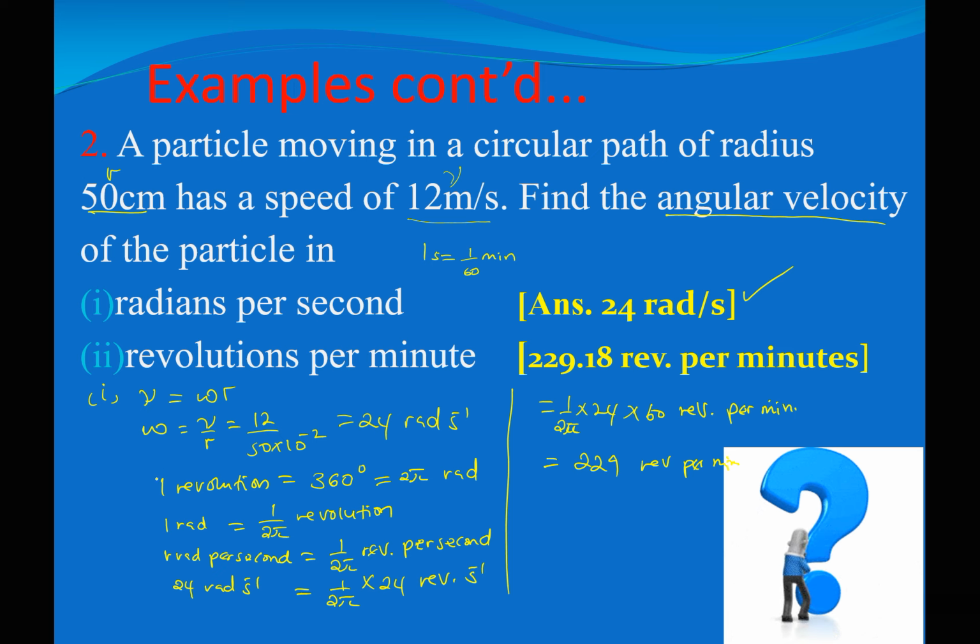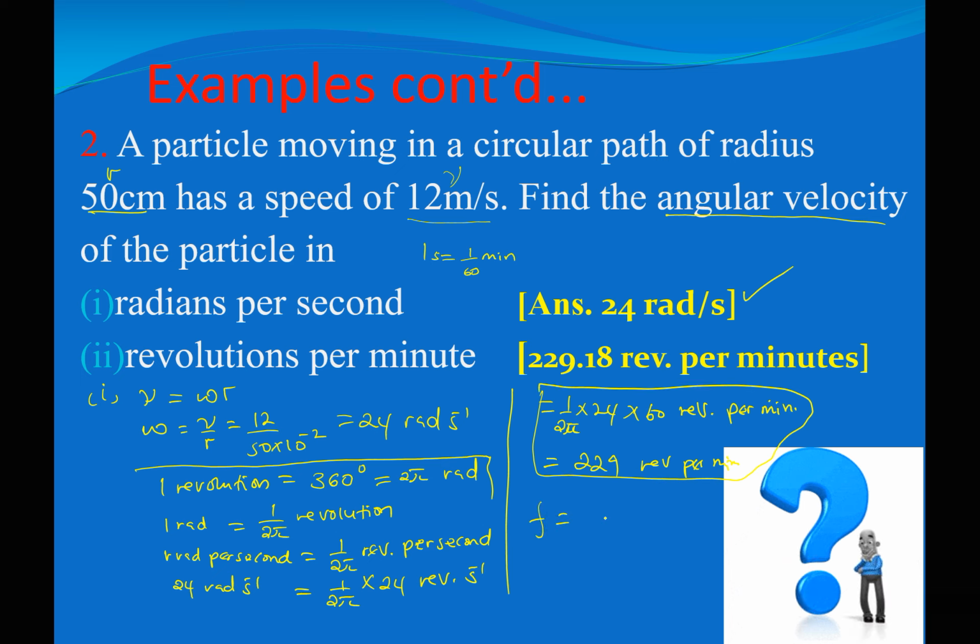So instead of going through all this process that I've taken you through, a wise student will do something very simple and will say frequency is equal to, since we have omega, omega divided by 2 pi. So the frequency here will be 24 divided by 2 pi, but this one will be in per second, or in hertz.